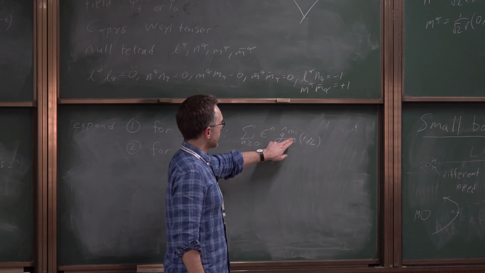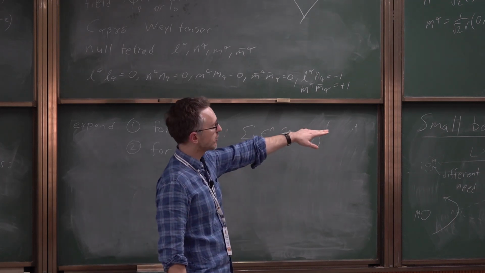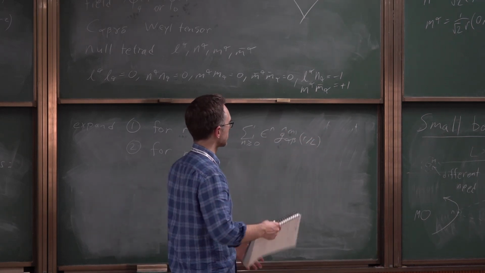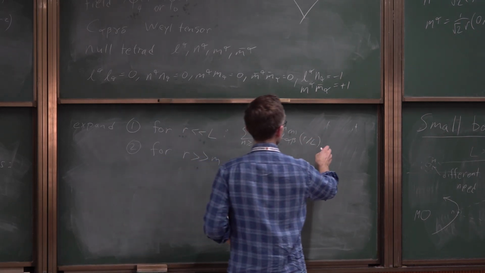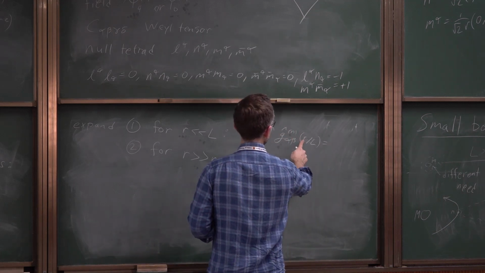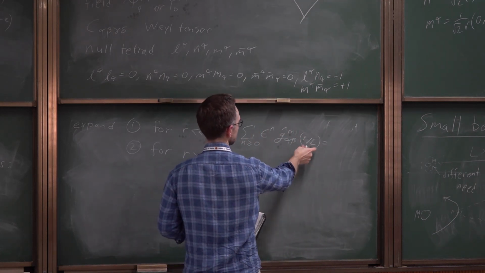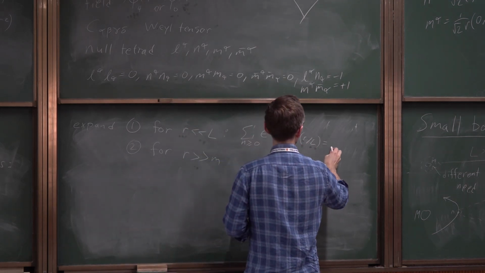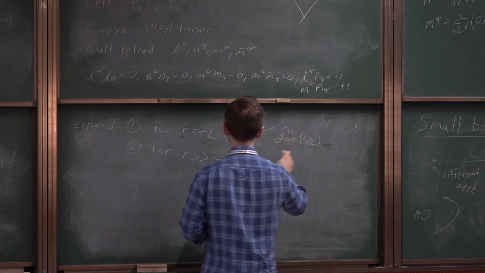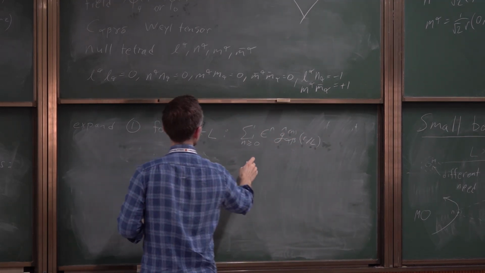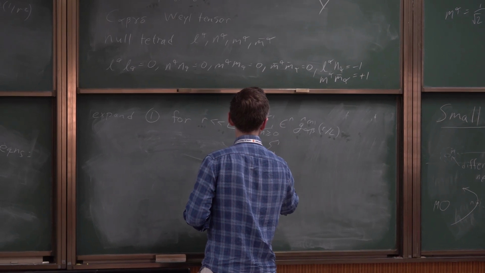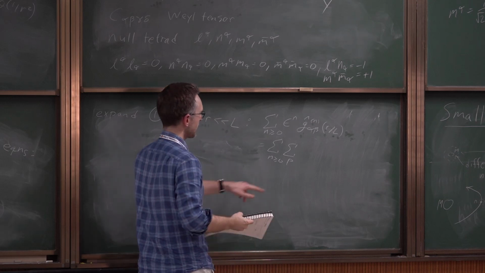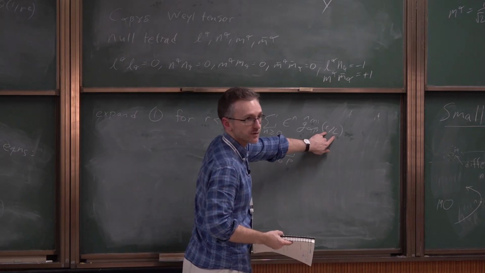So g hat 0 is what I was just calling g over there, the background metric. g hat 1 is h1, g hat 2 is h2, etc. And then I want to re-expand that when r is much, much smaller than L. So I'm doing a small r, and treating this argument as small. So p here is going to be the power of this small quantity.